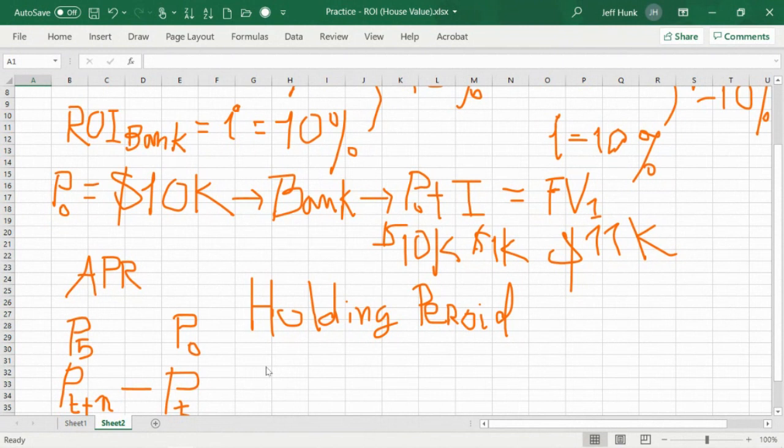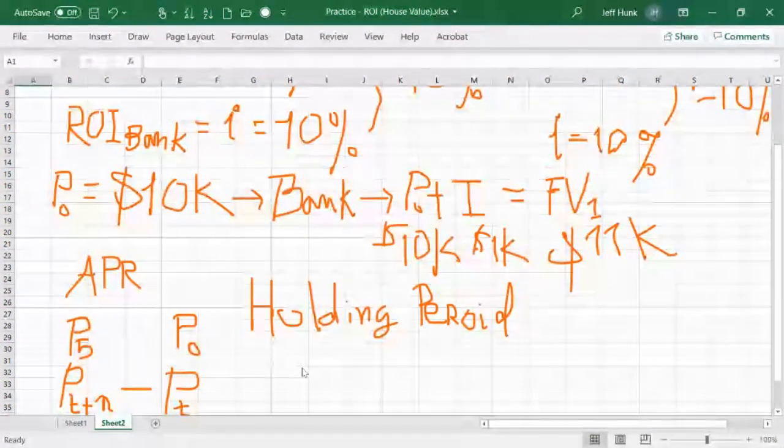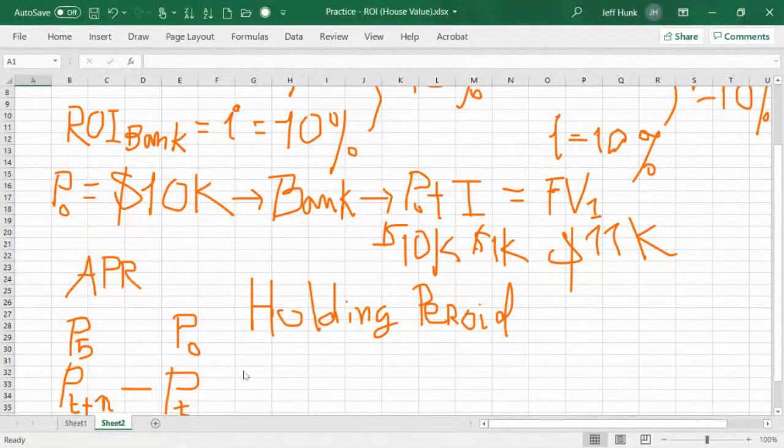Why is it 500? Because it increased 100%. Price at time 0 was 100, and over 5 years it grew 100%. So what should be P5?